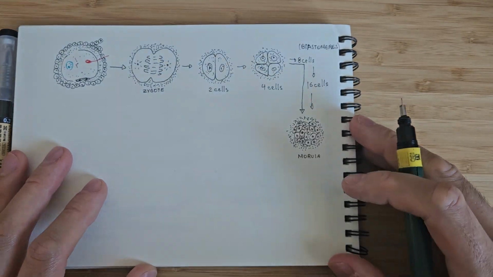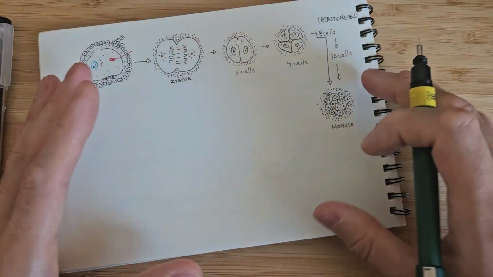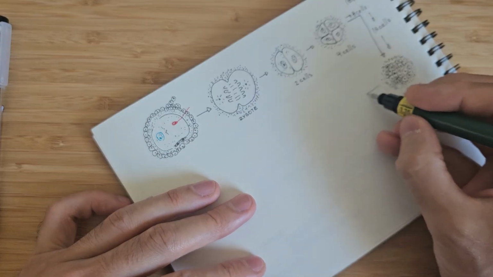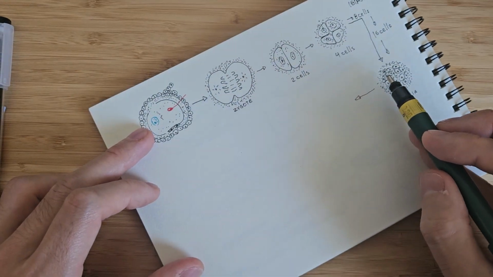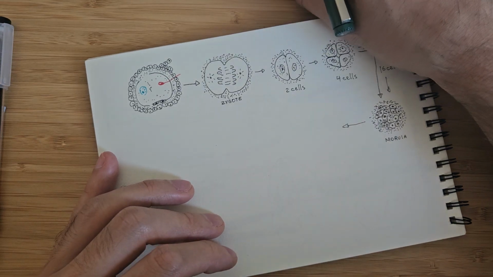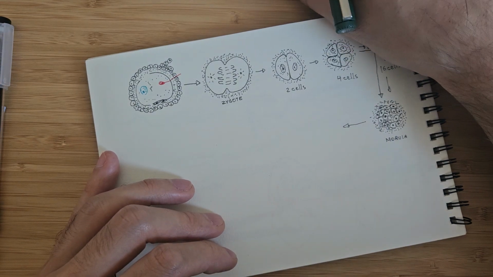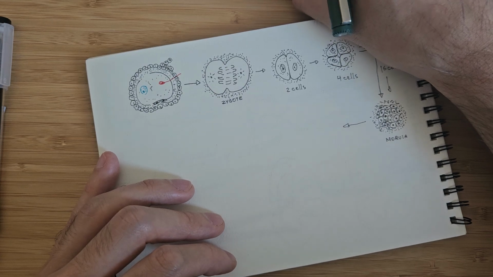Nice, no? I'm loving the way it's getting. Now I'm gonna move this towards this way, starting here, going down here, and then we have another structure over here. And this one is the blastocyst.